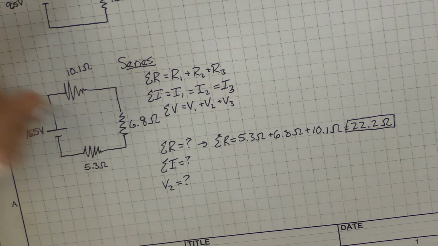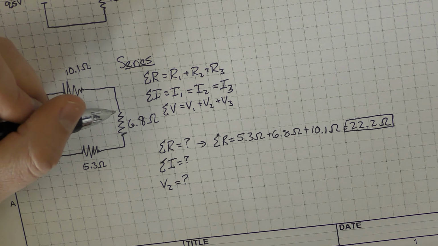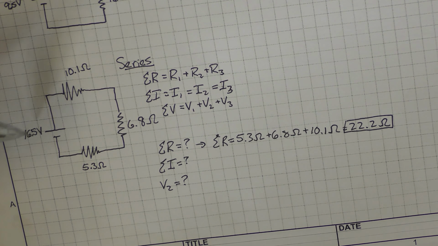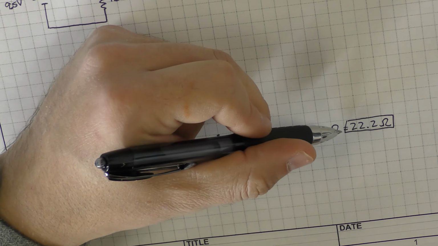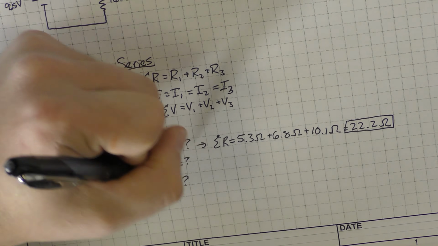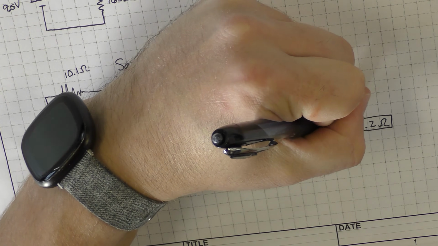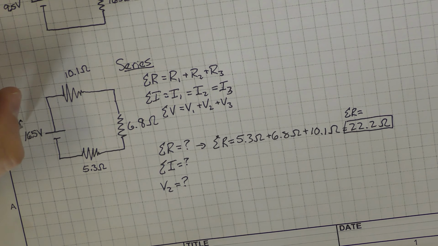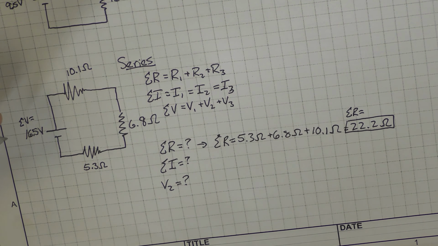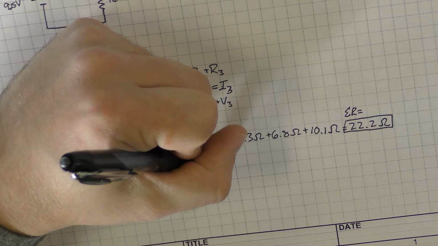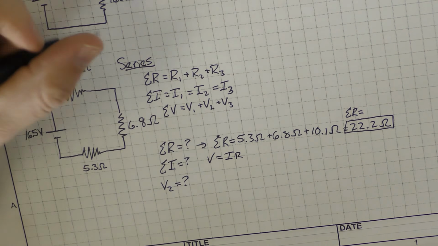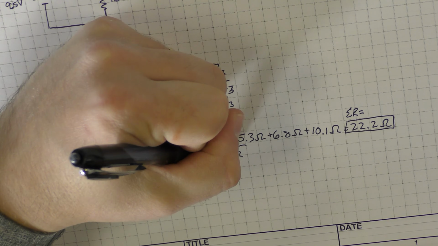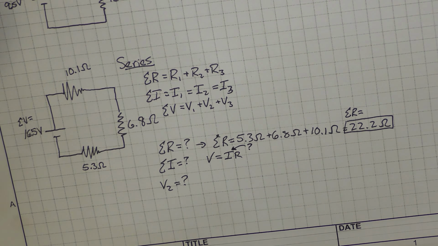For the second one, we need to use Ohm's law. We know the total voltage from the battery, and we now know the total resistance. If we know the total resistance is 22.2 ohms, and we know the total voltage is 16.5 volts, we can use V equals IR, just like we did a moment ago, to find the unknown current.